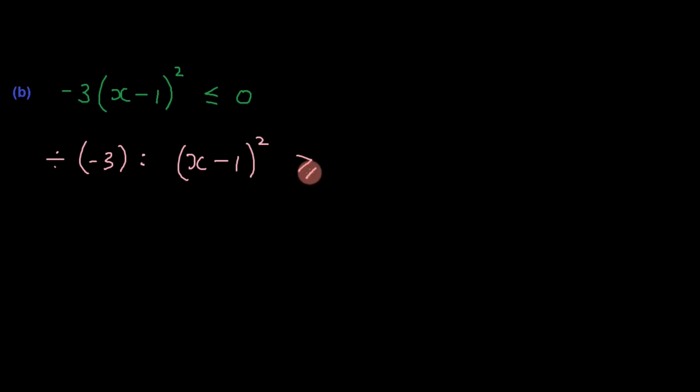So it's going to be greater than or equal to 0. Of course, 0 divided by negative 3 is 0. So we end up with x minus 1 all squared must be greater than or equal to 0. And we know that any real number squared will be greater than or equal to 0. So any value of x will work here. So then the answer is x is an element of real numbers.